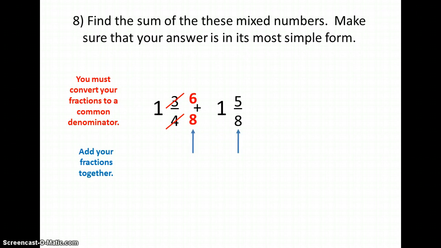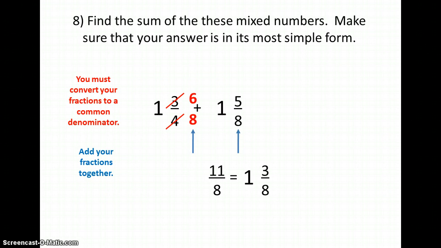Now I add my fractions together. 6/8 plus 5/8 is 11/8. I have to remember to convert that into a mixed number in simplest terms, and I get 1 3/8.